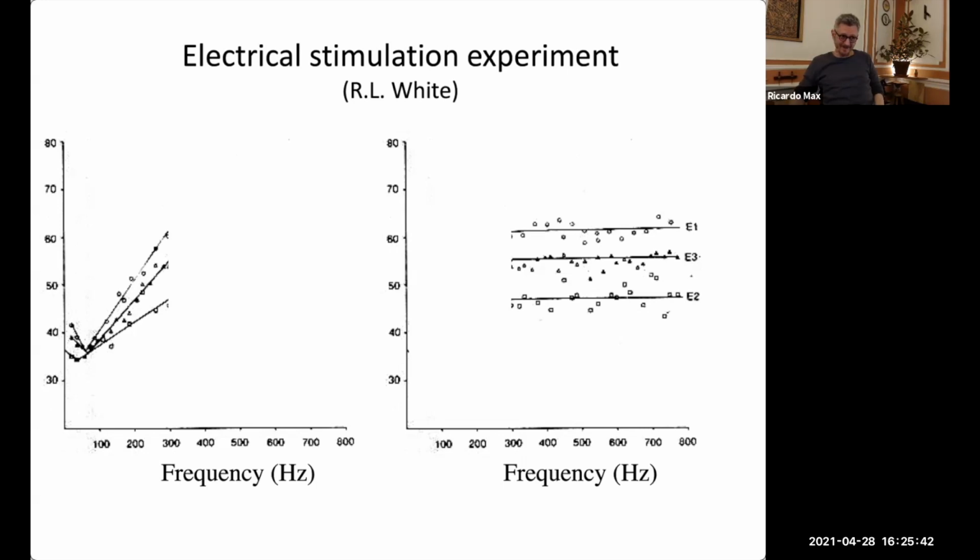Base or apex? I don't know why I'm insisting. Base. Yep. Higher frequencies in the base, lower frequencies in the apex. And this was closer to the apex. All right.